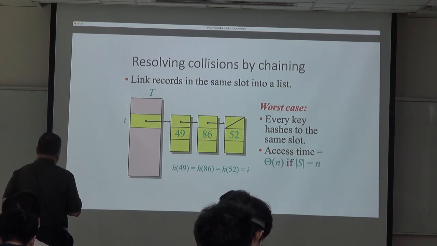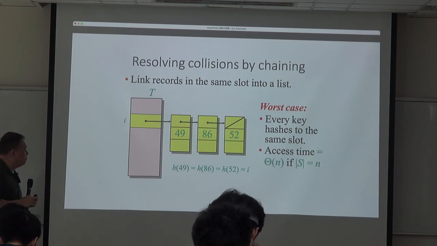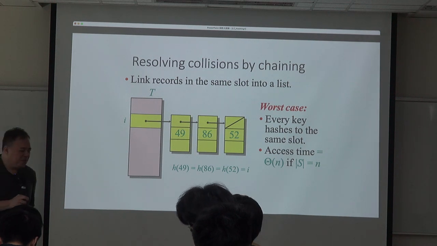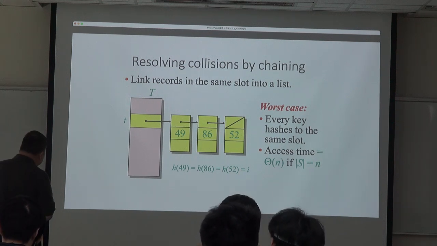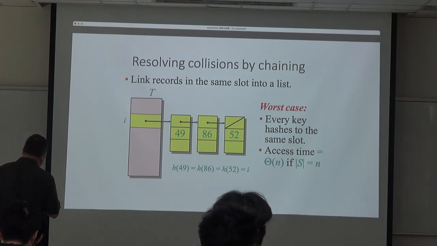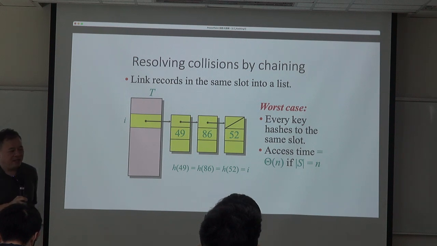In chaining, as I say, each position in the array is a linked list. But this approach has a potential for the worst case to happen. What is the worst case? The worst case is that if all the records happen to be mapped to the same location.